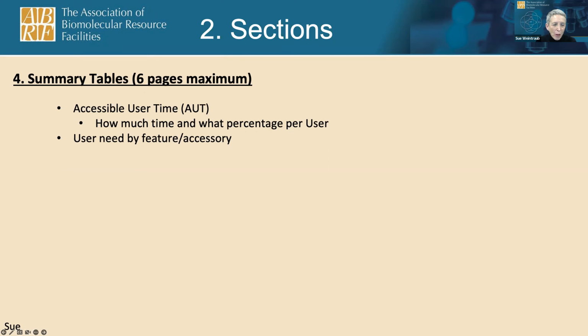But after all of the reviewing is done and the scoring, then the review panel has a chance to say whether that accessory is approved or not. So that's why it's important to make it clear how many people need an accessory.